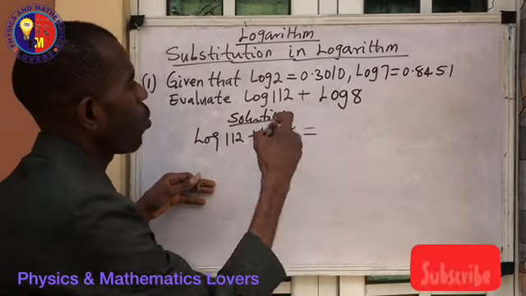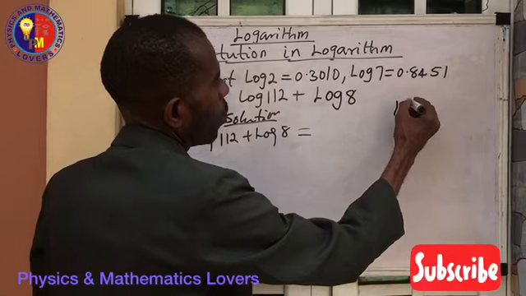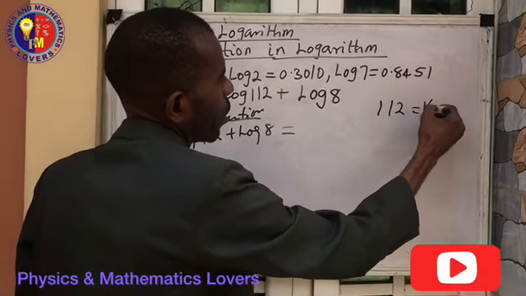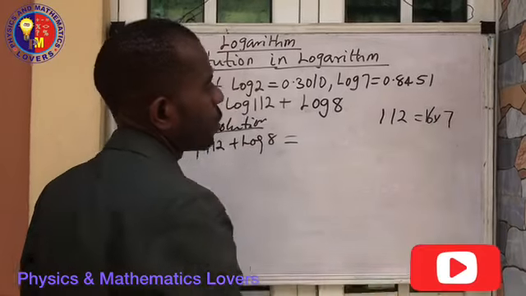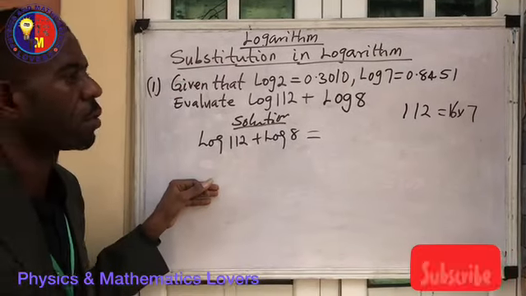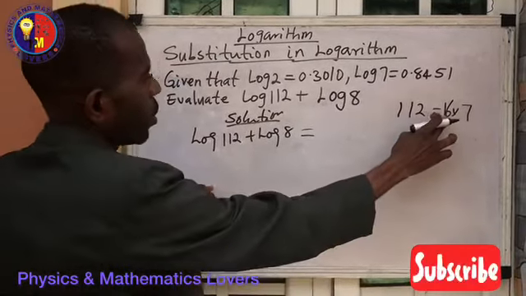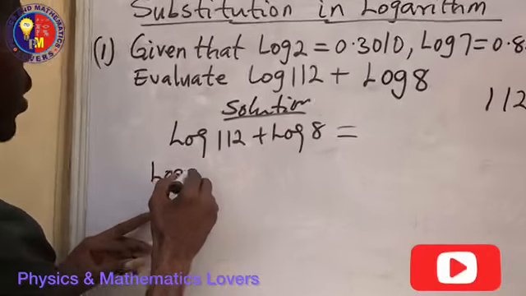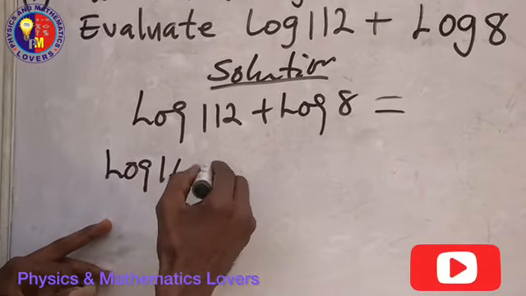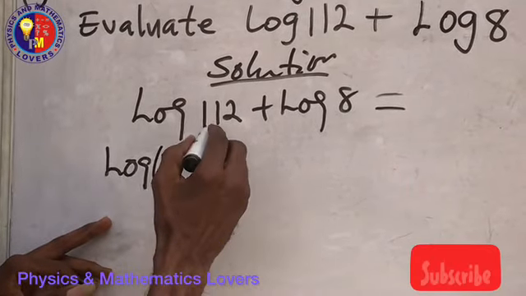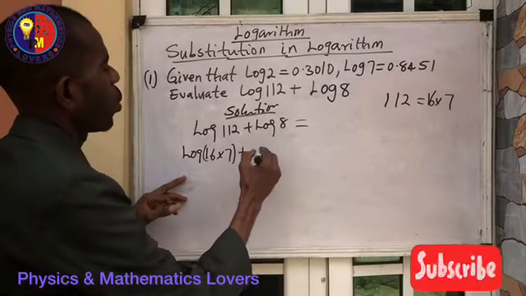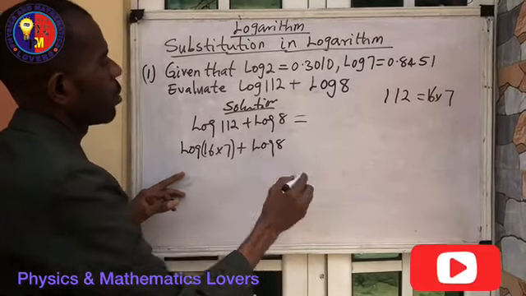112 is sitting as equal to what? 16 times 7. So here I am going to have log of 16 times 7, that is 112, plus here I am going to write log 8.